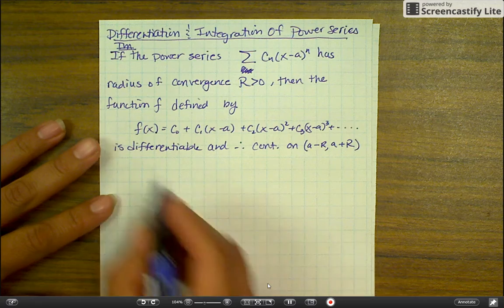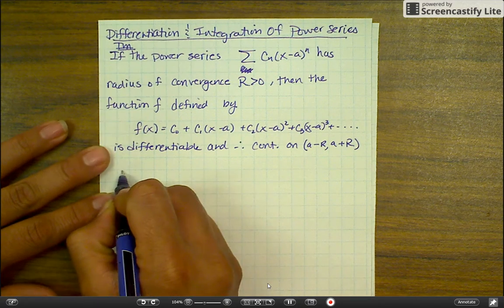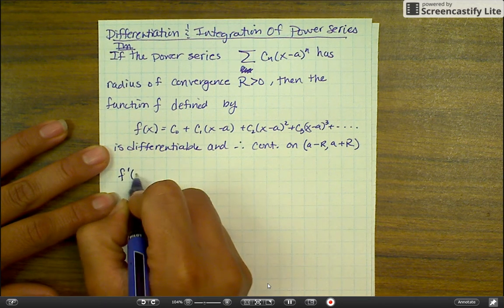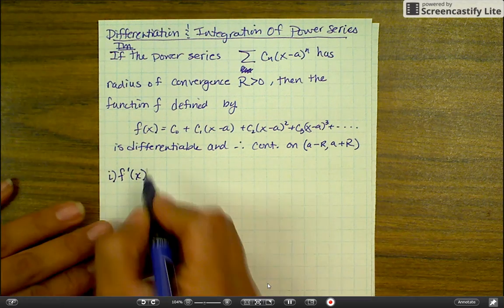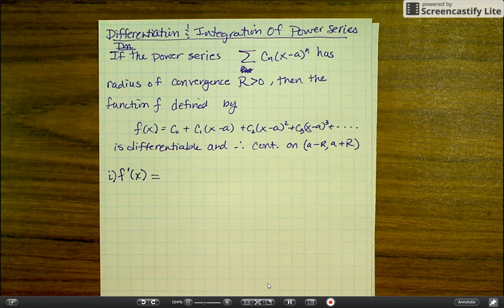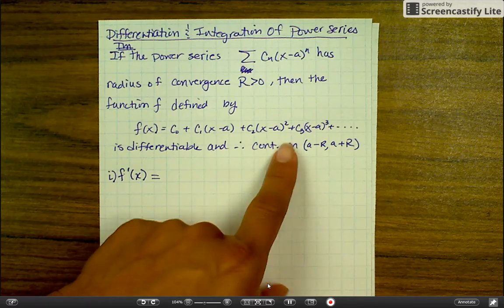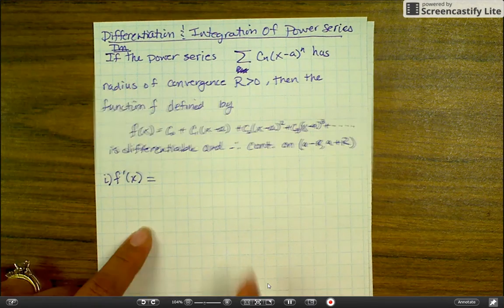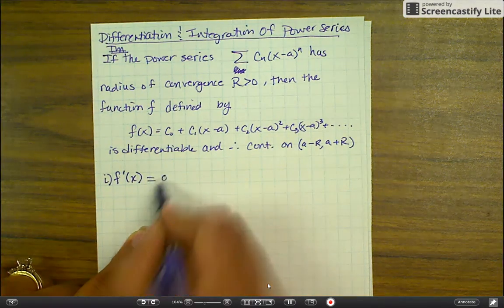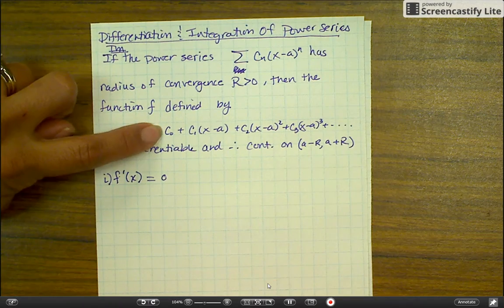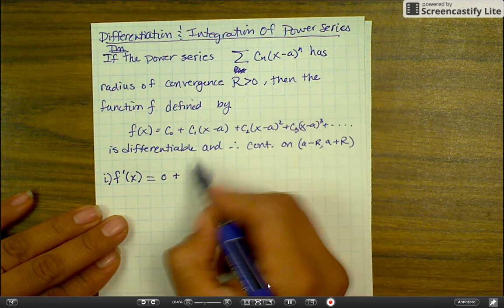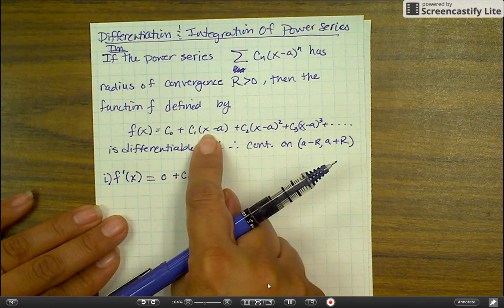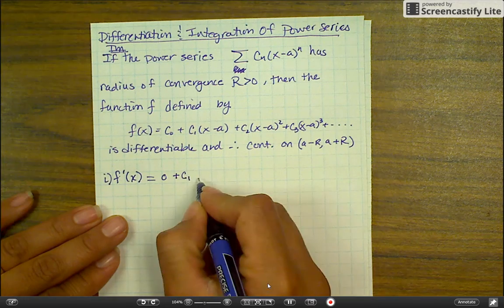So now let's suppose we want to take the derivative. So let's say I want to take f prime of x. What is f prime of x? Well, if I look at just the expansion of f and I start taking the derivative of every single one of these terms, the first one is going to be 0, right? Because that is a constant. Plus, the next one is just going to be c1, because the derivative of that is 1 times c1.